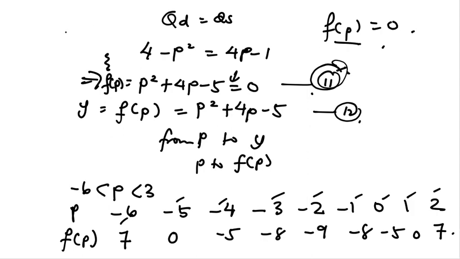Here we need to solve expression 11 to find the P values such that f(P) equals 0. Because we only want to find P values, bear in mind that these answers are not ordered pairs of P and Q anymore. It's just P, not P and Q. You get what I mean? And do you realize that the P values in 11 are the roots of the quadratic equation 11 itself?